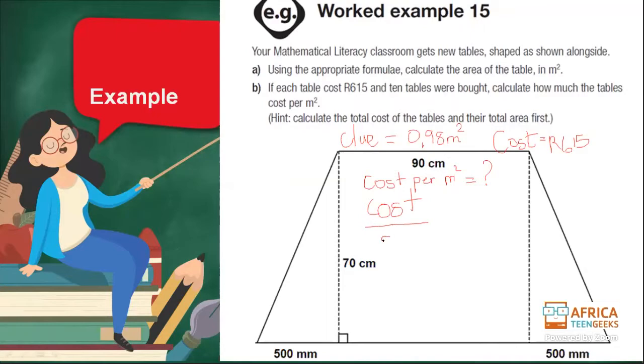That's what it actually means. So in this case, the cost is 615 rands divided by the area, which is 0.98, right?